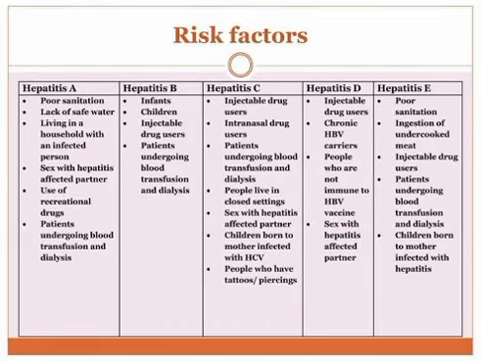Next will be the risk factors. In this tabular column, we can easily identify the risk factors and who is easily affected by hepatitis. The first will be hepatitis A. In hepatitis A, the most common problems are poor sanitation, lack of safe water, and living in a household with an infected person.